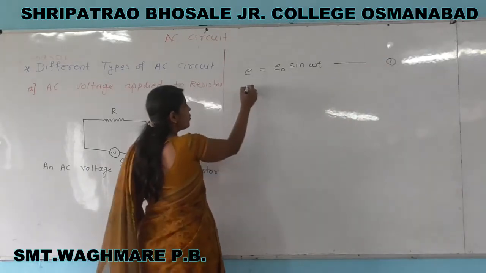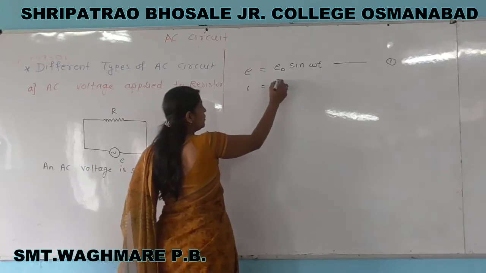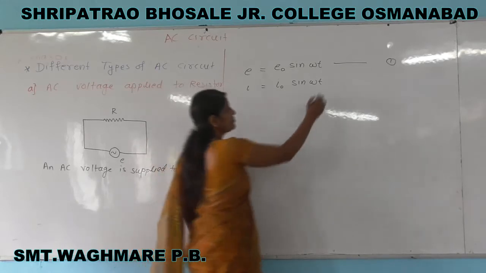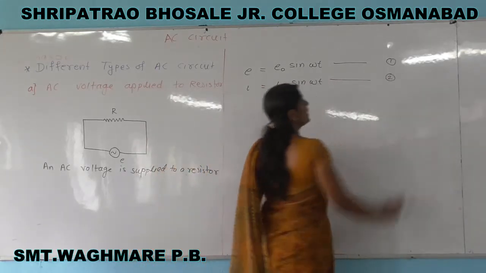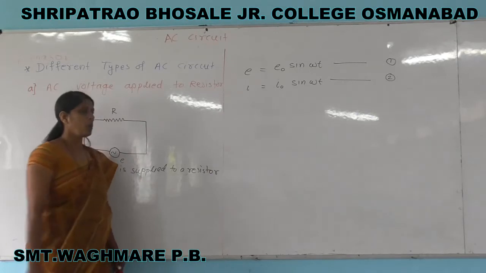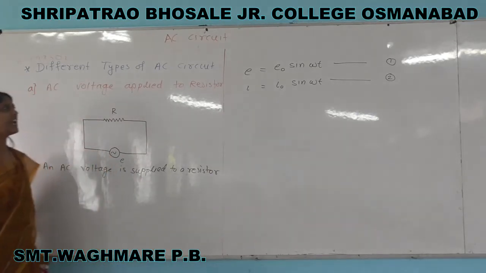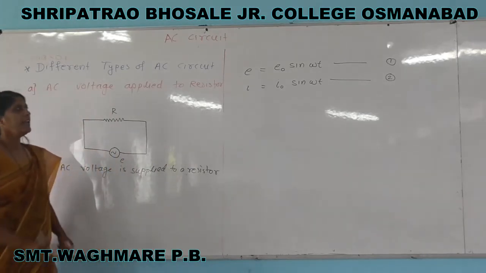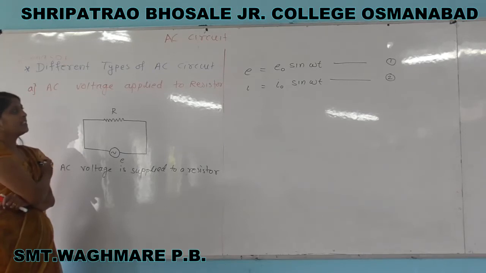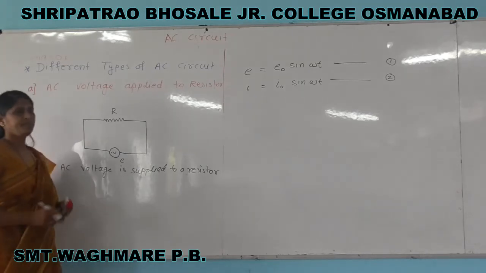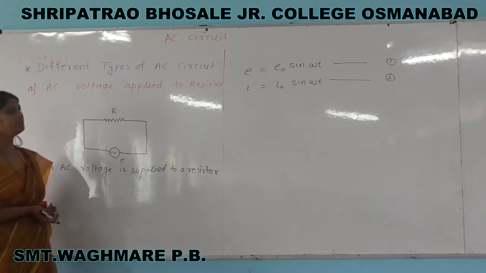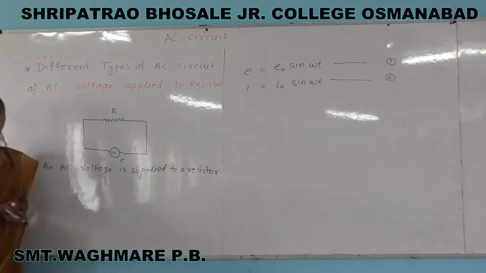And also we know I is equal to I naught sin omega t. Say equation number 1 and equation number 2. E is equal to E naught sin omega t and I is equal to I naught sin omega t, where E is the instantaneous voltage, E naught is the peak value of voltage, and omega is the angular frequency.